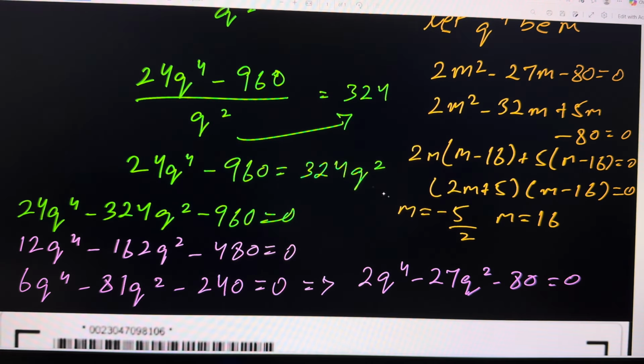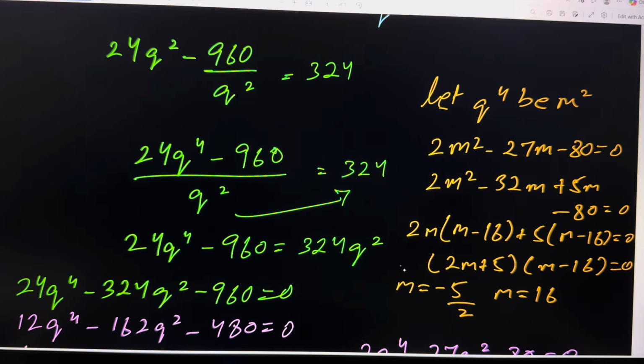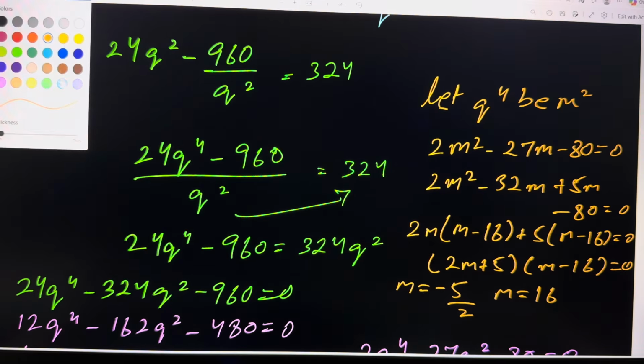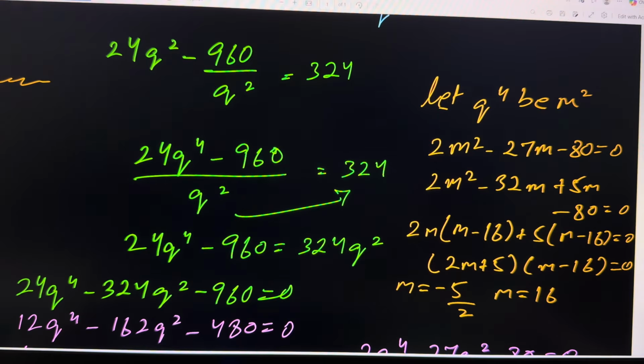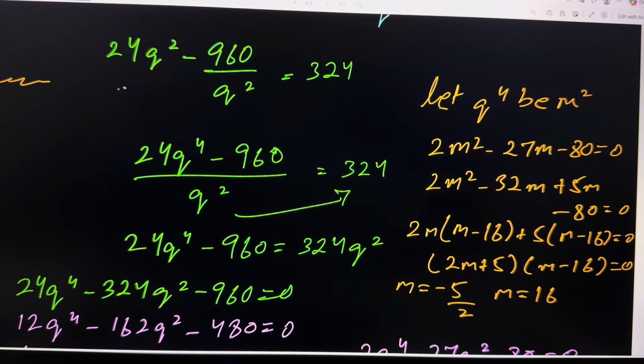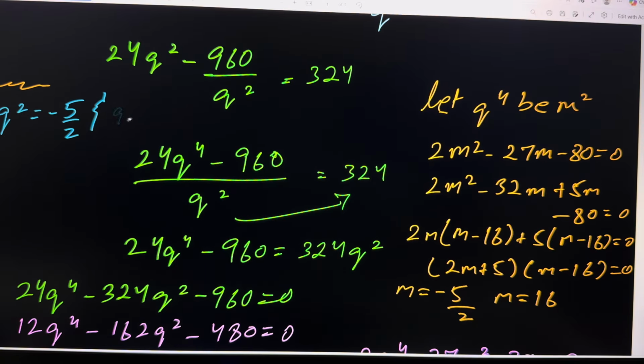I'll just continue here because I don't have space. We did that q squared is equal to m, so this becomes q squared is equal to minus 5/2, and q squared is equal to 16.